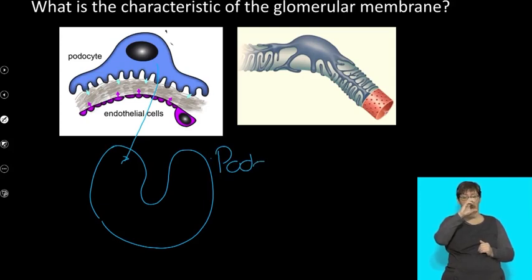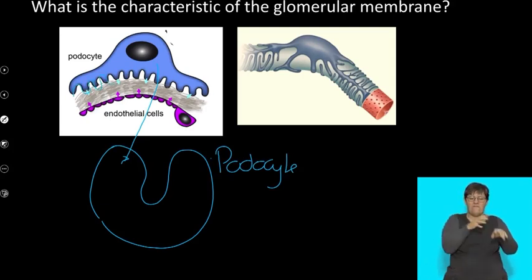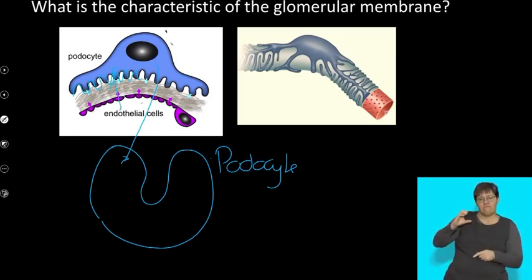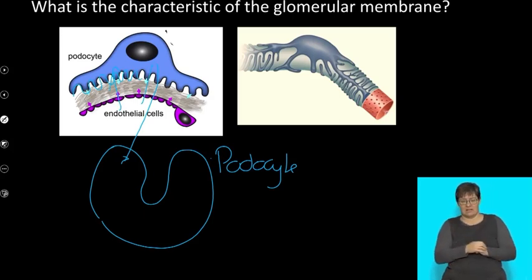Now, what a podocyte is, have a look. It's wrapped around the blood vessel, and it has all these squigglies. And what it does is, when the blood comes through, it's forced into these cells. They have a large surface area, and they've got these little slits.